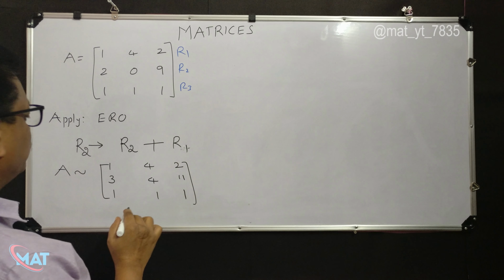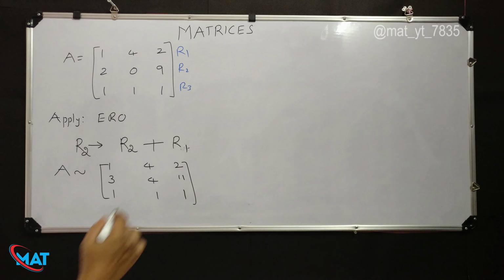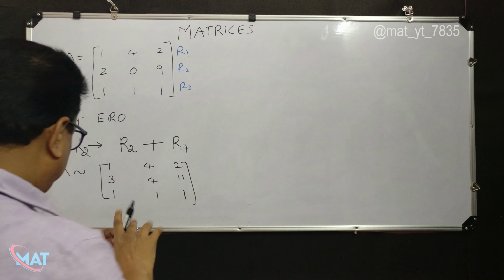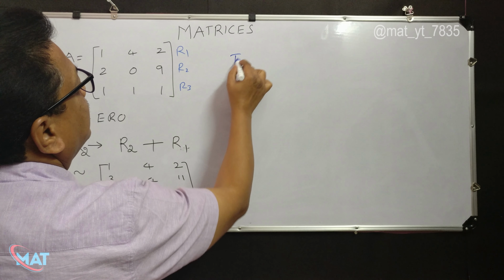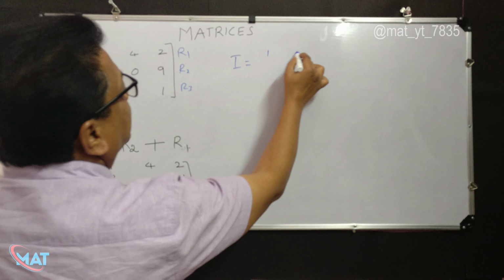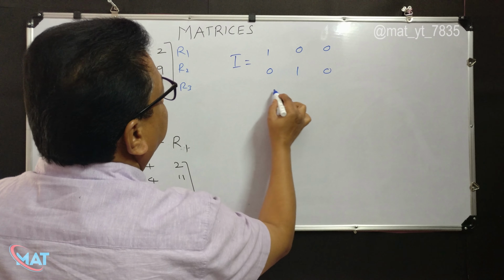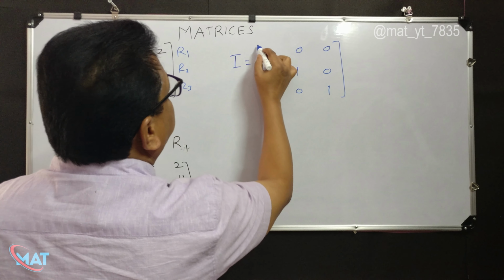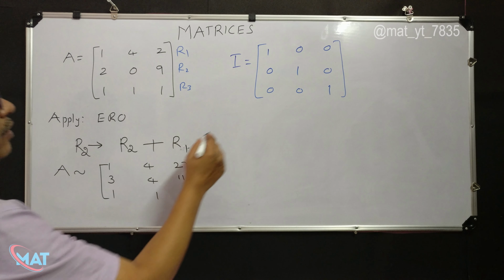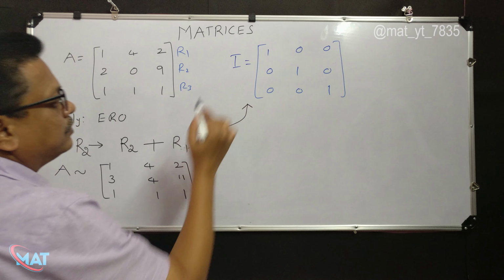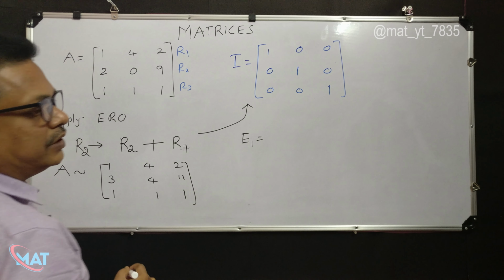Very clearly we can show this with the help of the elementary matrix I covered in the previous video. Let us take the identity matrix of size 3, because we have taken a 3 by 3 matrix for A. Same operation, if you apply on this ID matrix, we get elementary matrix E1.